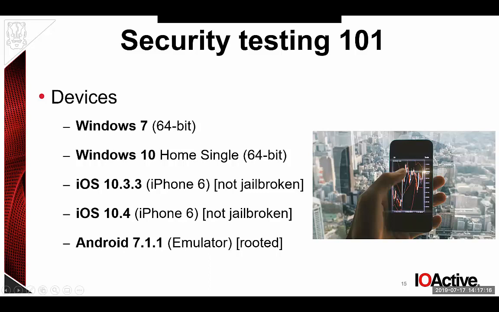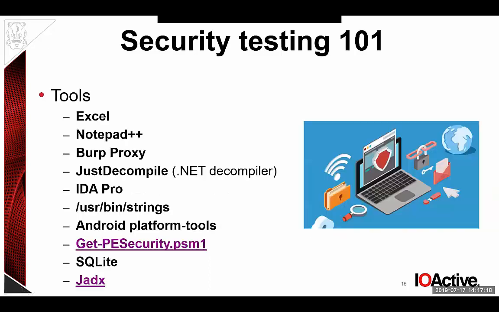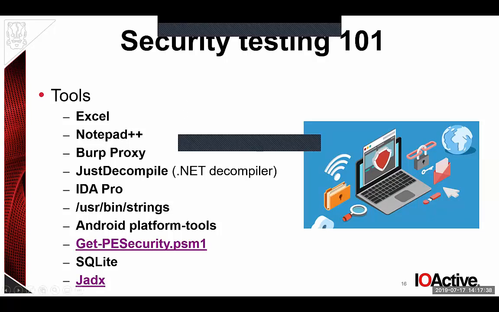This is for developers. And the tools that I used to check the list of security controls I showed you before are these ones. Excel. Excel, seriously. I recommend you to use it as much as possible. Excel is one of my favorite tools.